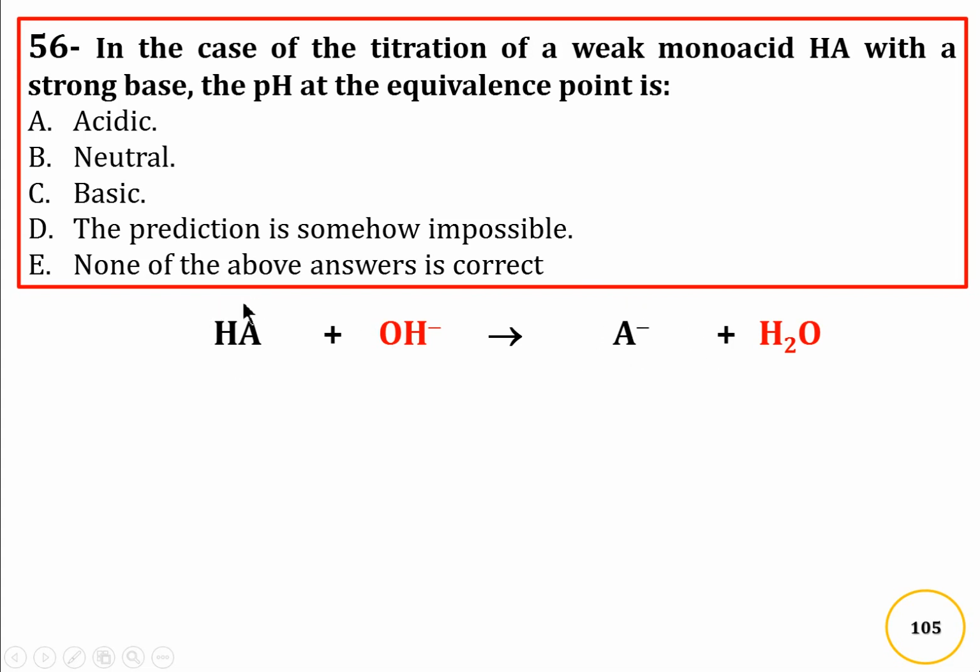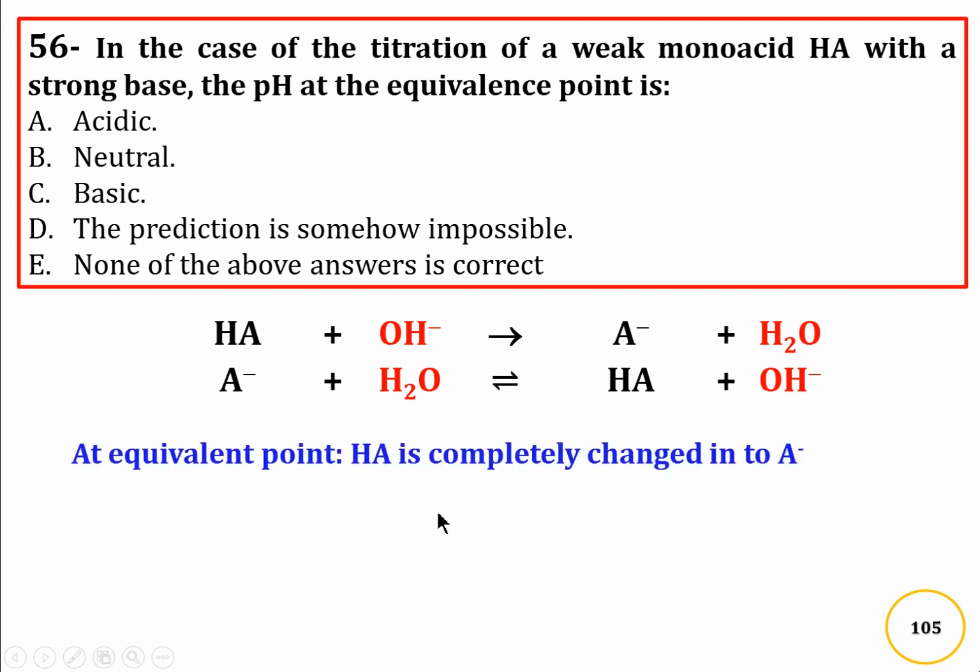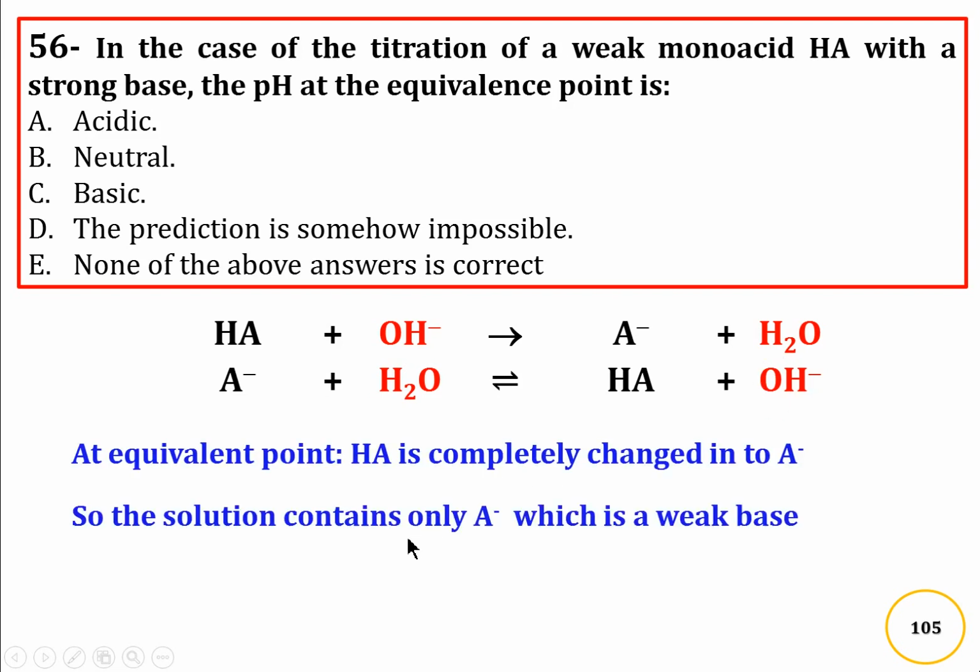At equivalence, all HA has been transformed to A minus, so A minus will react with water in an incomplete reaction to give HA and OH minus. So we have release of OH minus in the solution, and the pH will be basic. So the answer is C.